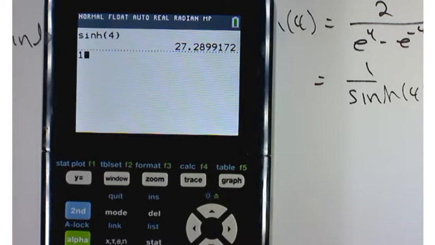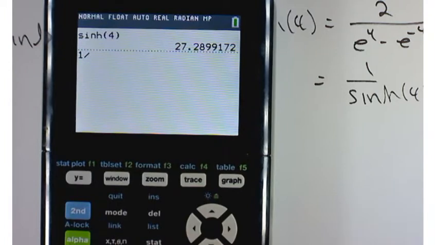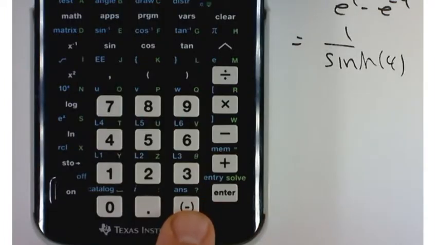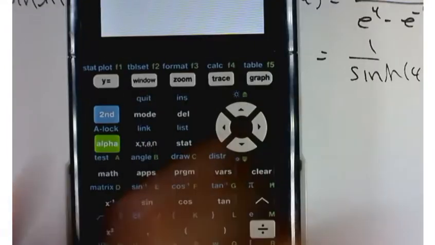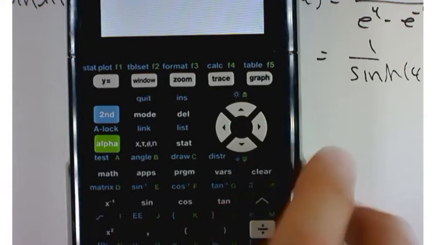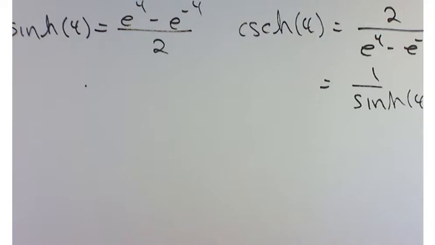Let's hit 1 divided by our previous answer. So hit the second button, and then this key, see it says A and S, and that's your previous answer. So it's going to take 1 divided by that. In a similar way, I could have also just hit the x inverse key. The x inverse key is going to take the reciprocal of my previous answer, and I should get back to where I started. So hopefully you can use some of these tricks to get some of these other values. Let's try one more, or maybe a couple more like this.